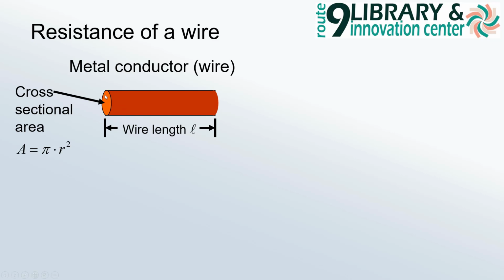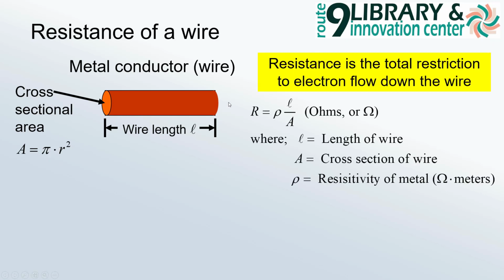Essentially, we're going to have a cross section of the wire. You need to know the area of the cross section of a wire. If it's a cylindrical wire, it'd be pi r squared. You need to know the length of the wire, and then using this formula, we can figure out the total resistance, which is the restriction of electron flow down the wire. It is equal to this resistivity value that you look up in a table times the length of the wire divided by the cross section of the wire.